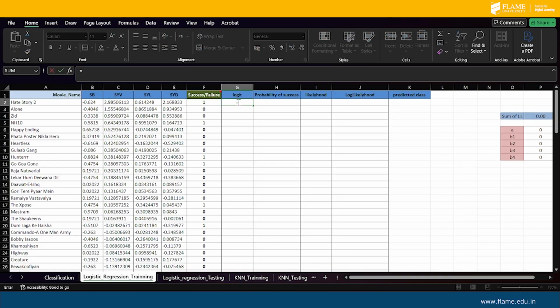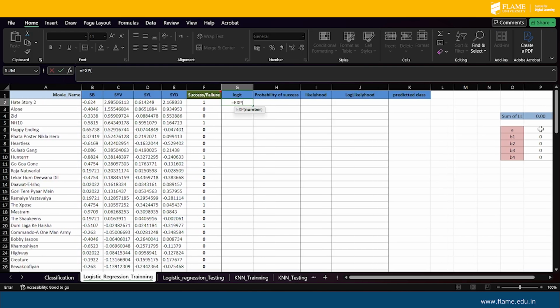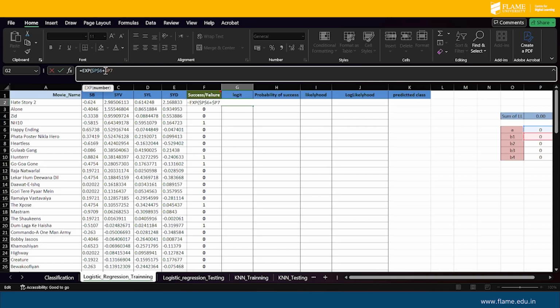So exp, into, we will go for a, that is fixed value. Again I have to just fix this value, then plus coefficient for first feature into first feature value, plus coefficient for second feature.